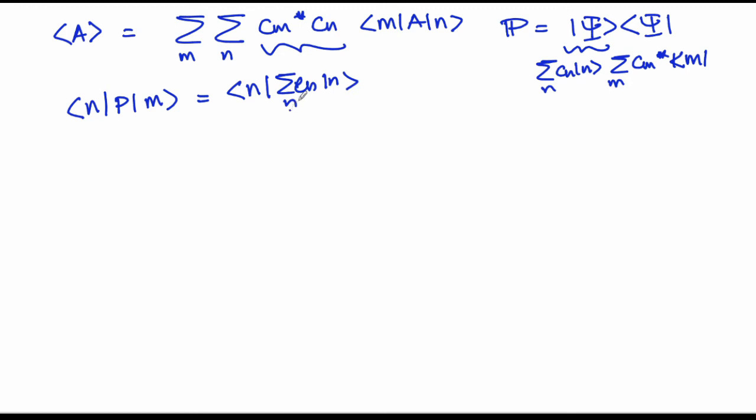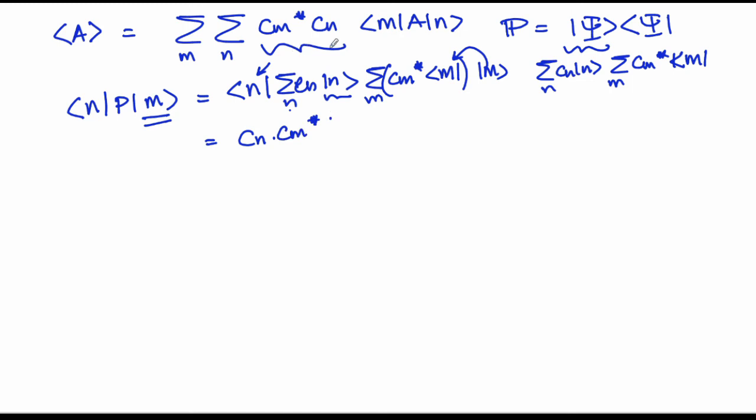Remember, the summation over n only applies to these terms, not to this n here, times summation over m Cm star bra m. This summation only applies to this, times ket m. So this comes out from here. And you will be able to understand that only where n is equal to n will you be able to pick up; for any other values it will go to 0 because of orthonormality. So therefore, this ends up being Cn. Similar arguments here, only for m equal to m you're going to get Cm star.